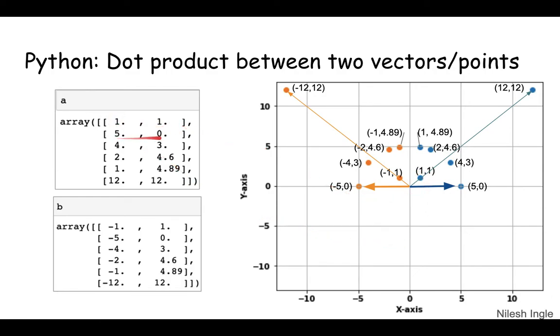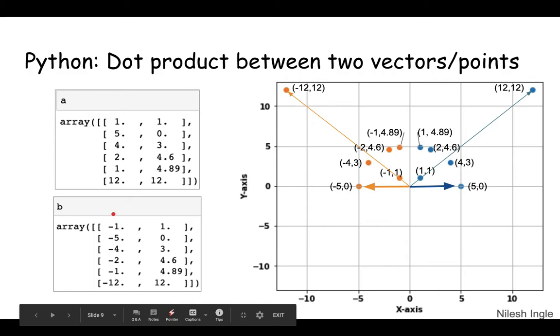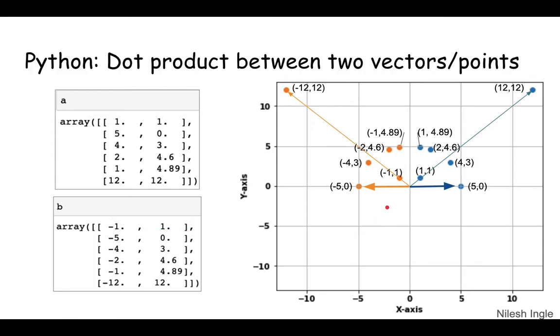Then we have 0.50, which is shown here. And then we have 0.43, which is shown here, and so on and so forth. Similarly, the array B is shown here in orange dots, and we can see that -1, 1 is shown here, -5, 0 is shown here, and so on and so forth.